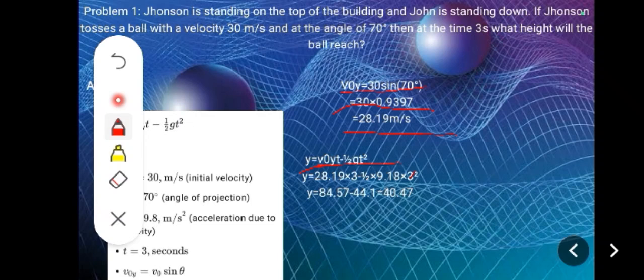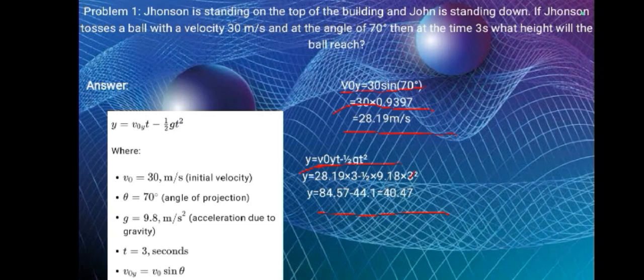Then 28.19 times 3 is equal to 84.57, minus 1/2 times 9.8, which is 4.9, times 3 squared, which is 44.1. So y is equal to 84.57 minus 44.1, which is equal to 40.47.